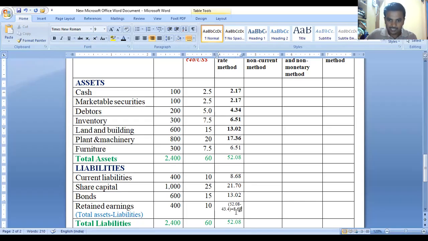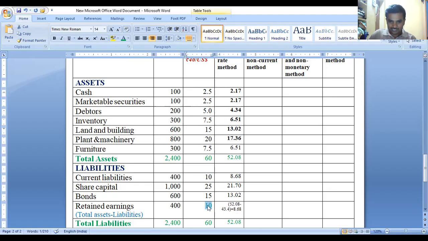So here 8.68 should be compared with the historical rate. Here is $10, and here is 8.68. So here is the retained earnings. By using historical data, we would get $10. By using the current rate method, we would get 8.68.